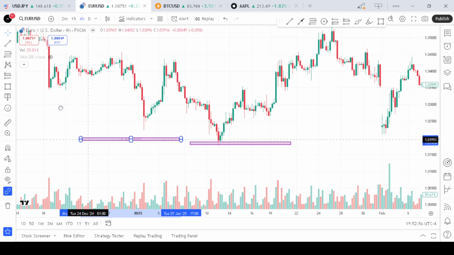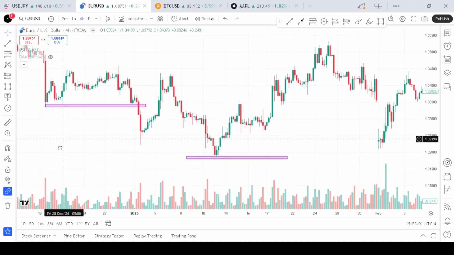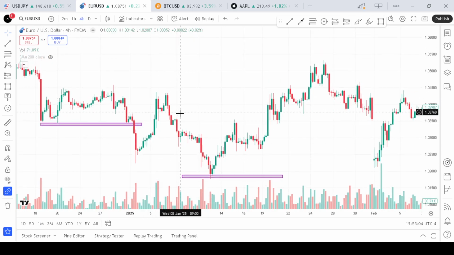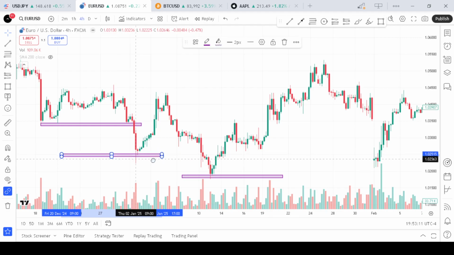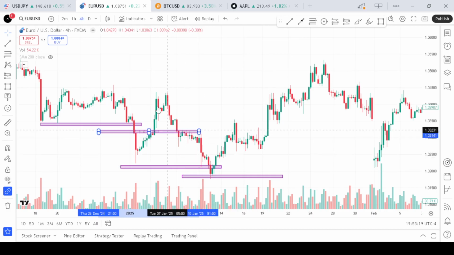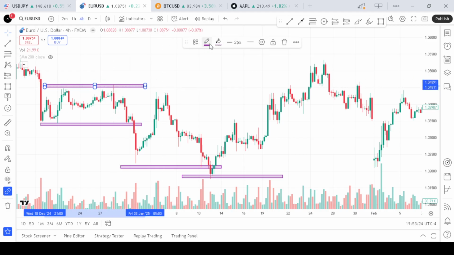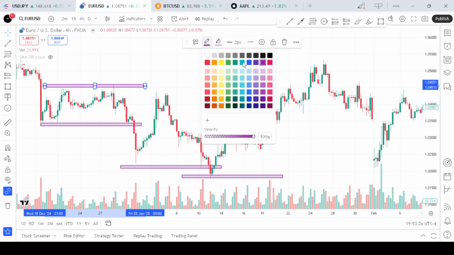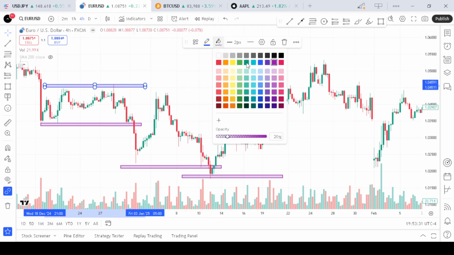While resistance, on the other hand, is typically a level where selling pressure prevents the price from rising further. These are areas where selling pressure typically prevents price from going higher. Now I will draw an example. I will indicate this as our resistance zone. I will change the color to blue to make it easier for us to spot and not mix them up.